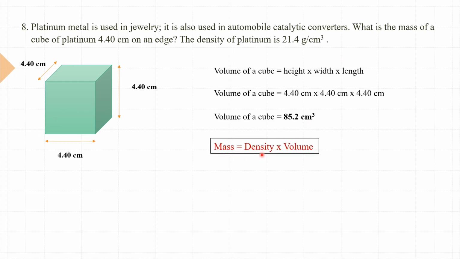Mass is equal to density times volume. 21.4 grams per cubic centimeter times volume 85.2 cubic centimeters. Then the mass is 1823 grams.